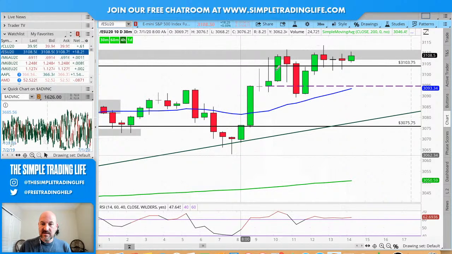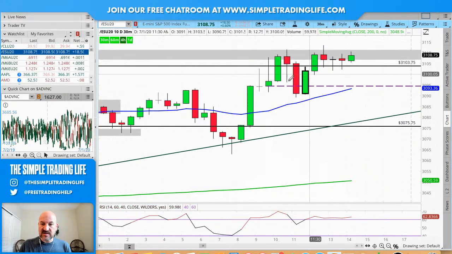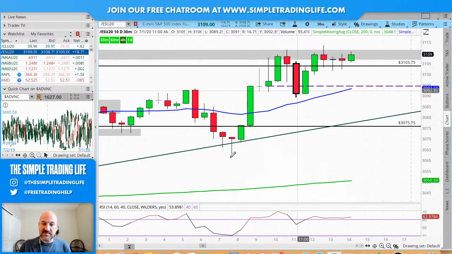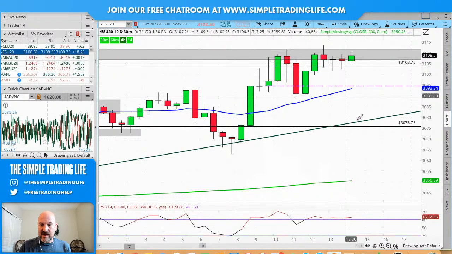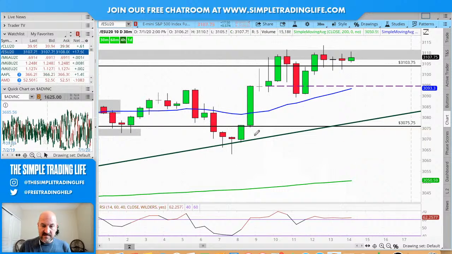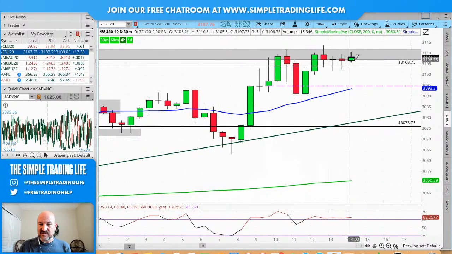Now up here, okay, you see we looked like we might have been starting to put in a double top, but then we started to range. If it was truly a double top, we would have gone up, and then started back down this way, probably to here, or if it broke, okay, back down into this area. But it didn't do that. Right now it's just bouncing along this level of structure right here.